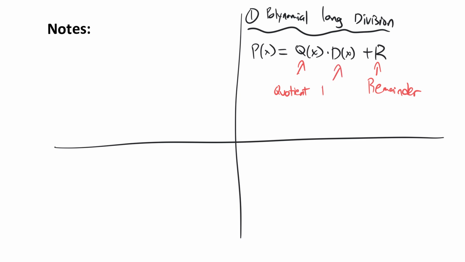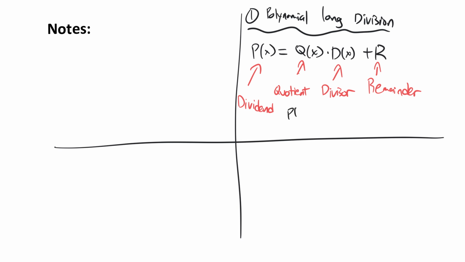D is the divisor, the thing you're dividing by. And this over here is called the dividend. You might not have heard that word before. Dividend, it's kind of the original number or the original polynomial before you do any dividing. Now, just so you know, there is another formula for this, another way of writing it.